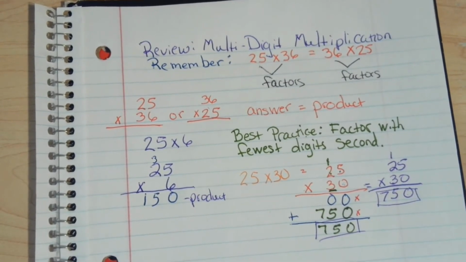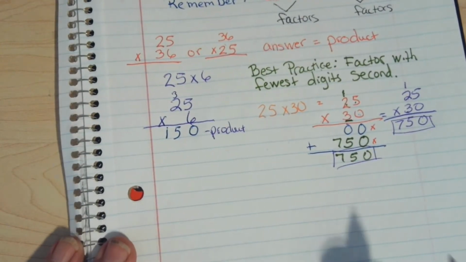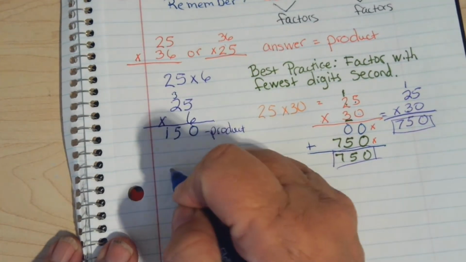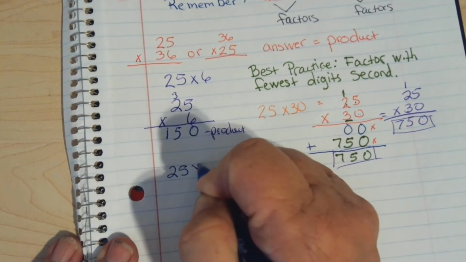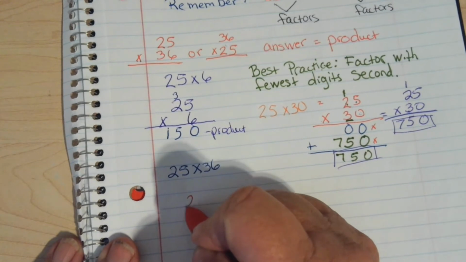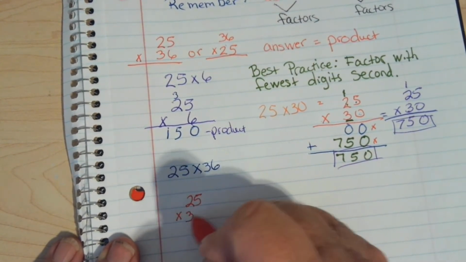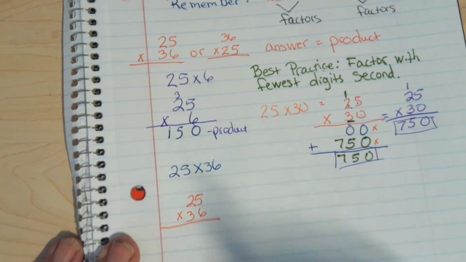All right, now we're going to do 25 multiplied by 36. And again, I could actually set this up in any order I want, but for the sake of this problem, I'm going to set it up as 25 multiplied by 36. Okay?